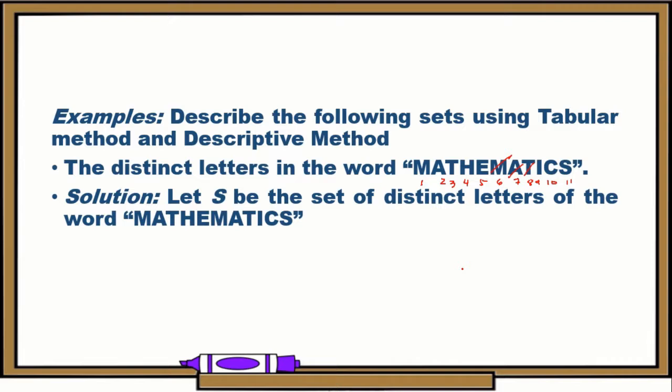Let's look at the solution. Let S be the set of distinct letters of the word mathematics. In tabular form, this is S is equal to M, comma, A, comma, T, comma, H, comma, E, comma, I, comma, C, comma, S, and then close with a pair of brackets. Andali, di ba?